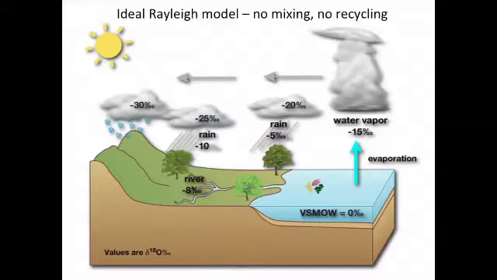You learned about the Rayleigh distillation model for the transport of water from the ocean to the land surface. And you learned that water vapor comes off the ocean, is advected onto the continent, and through a series of condensation events, the water vapor isotope composition of the air mass gets depleted in the heavy isotopes because the heavy isotopes preferentially condense out.